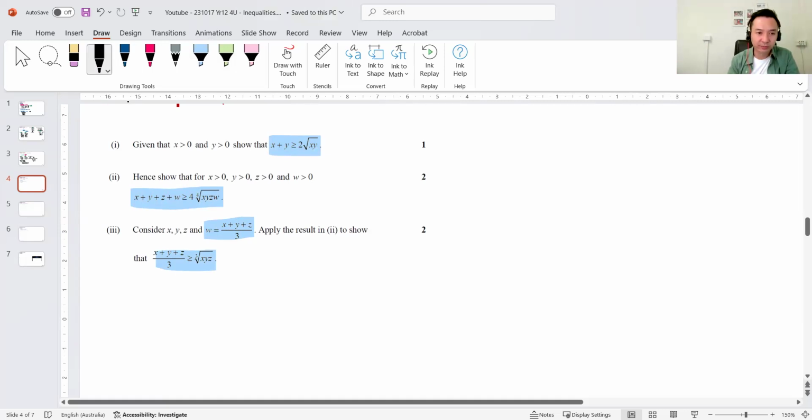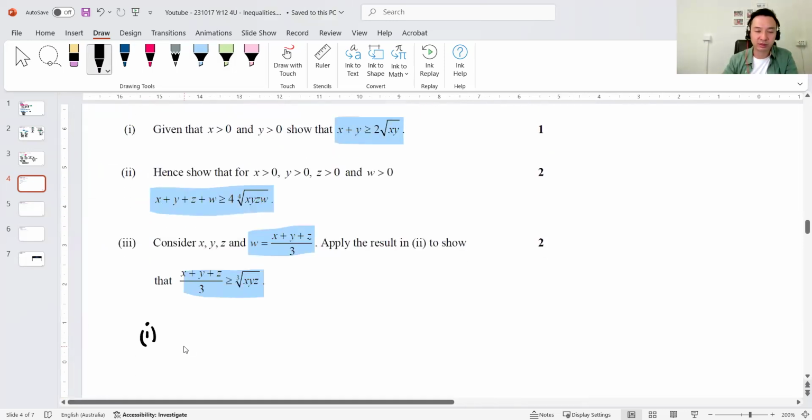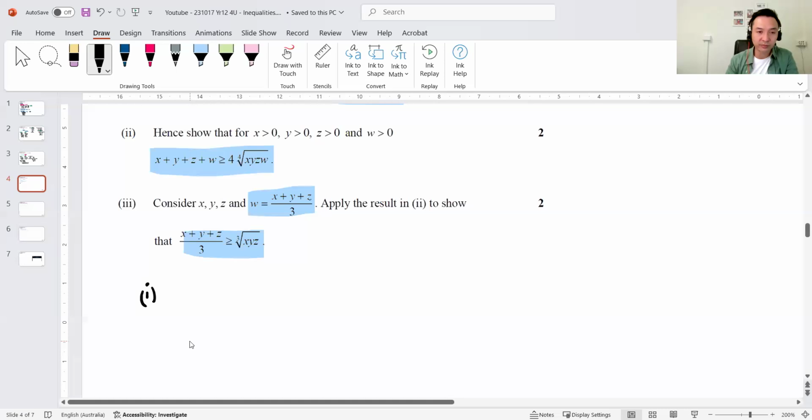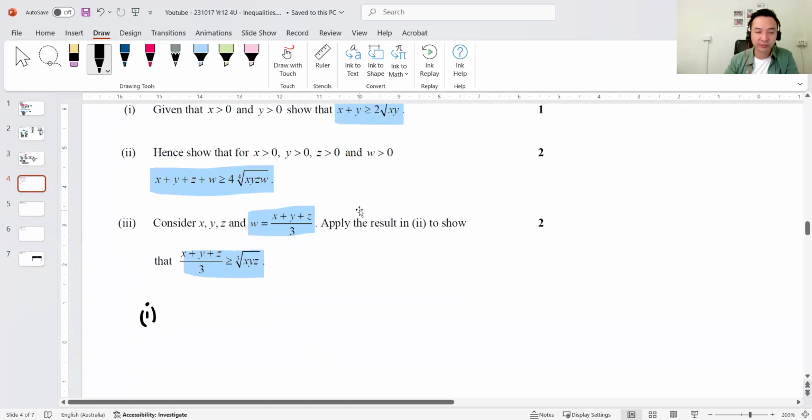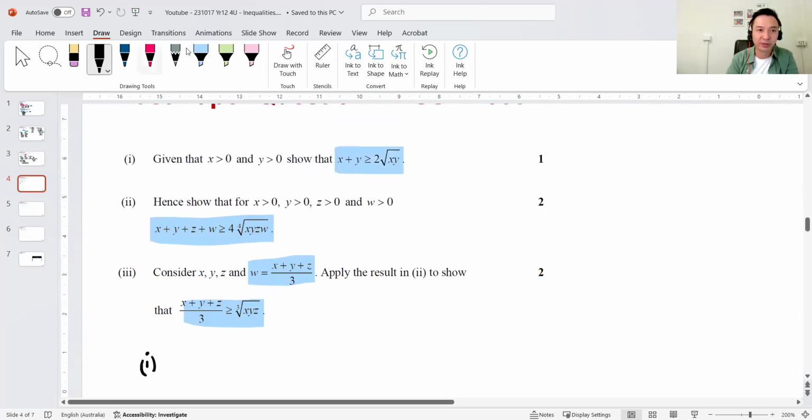Let's dive right in. So part 1, you know what? I'm not going to go dark anymore. Let's just go light. So the original lemma was a squared plus b squared greater than or equal to 2ab, right?